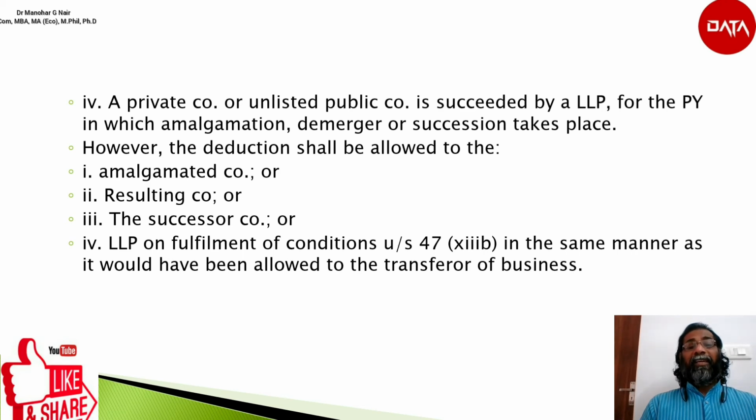However, the deduction shall be allowed to the amalgamated company, resulting company, the successor company, or the limited liability partnership on fulfillment of the conditions under section 47 clause (xiii) in the same manner as it would have been allowed to the transferor of business.